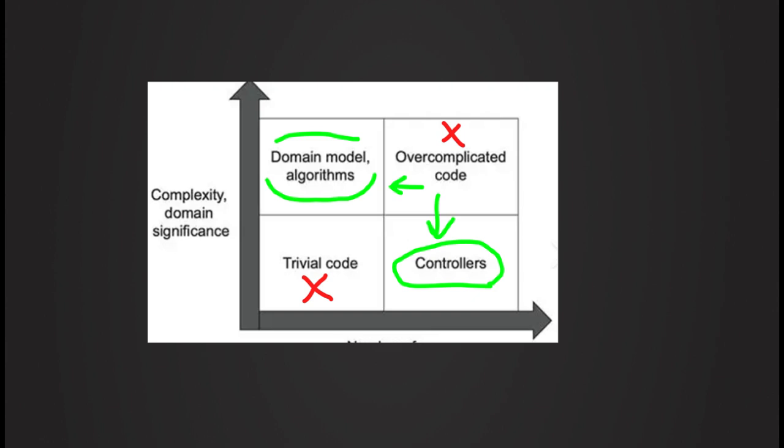What do we do? We apply the S principle. We move the complex logic into a domain model, a clean, testable unit. Then we use controllers to glue everything together. Controllers can be tricky when it comes to the S principle, but it's doable, especially if your project isn't complex.